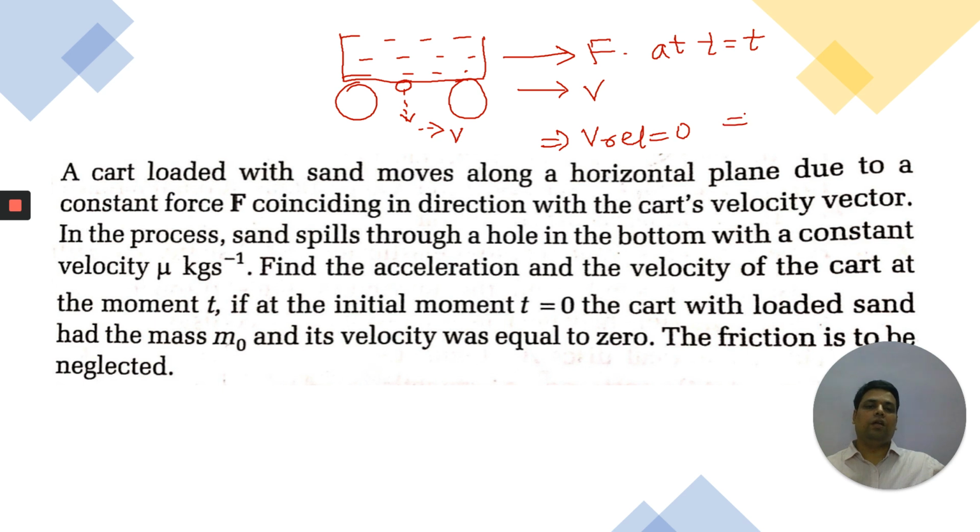If v relative is 0, the thrust developed, v relative times dm/dt, would also be 0. So there is no force actually. So we can write: the force exerted by the external agent plus the thrust developed by the ejected mass is equal to m dv/dt.